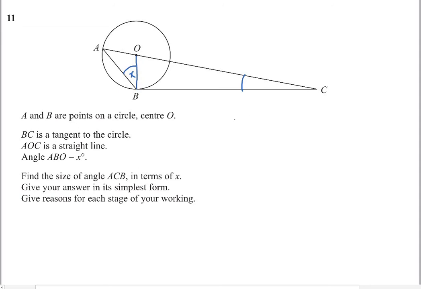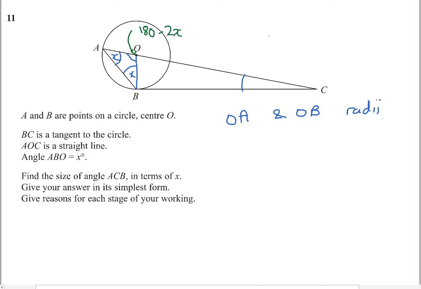Well, okay, OA and OB are radii, which means they have the same angle. So this is also X. Right. Now we can see that this angle here, which I'll do in a different colour, is 180 take away 2x.